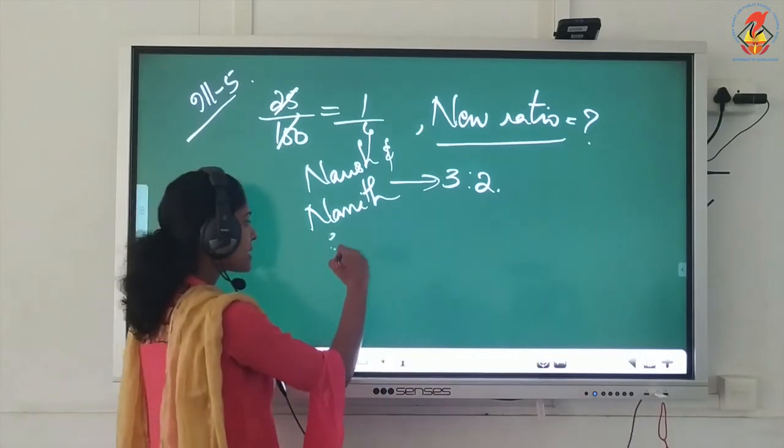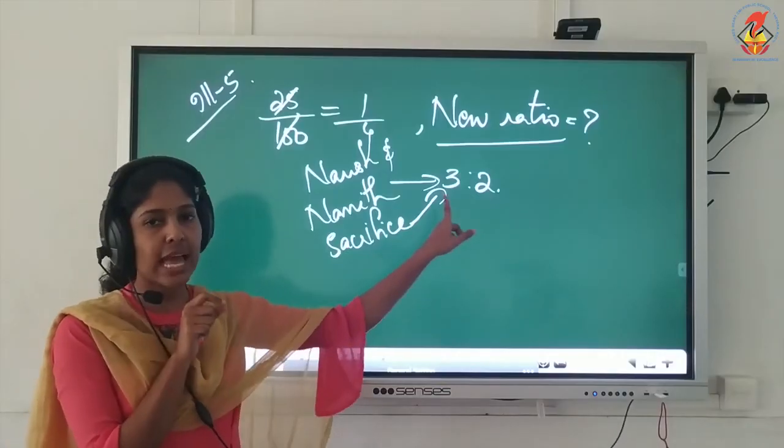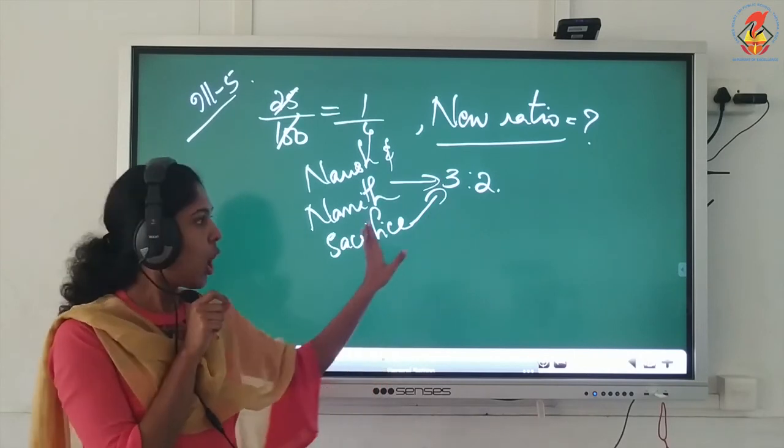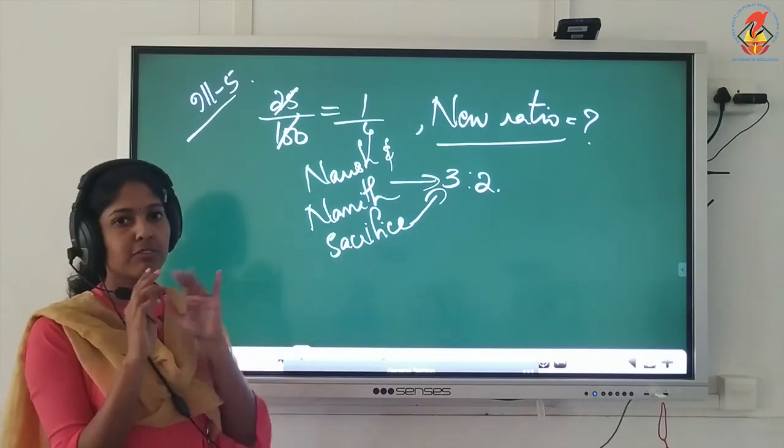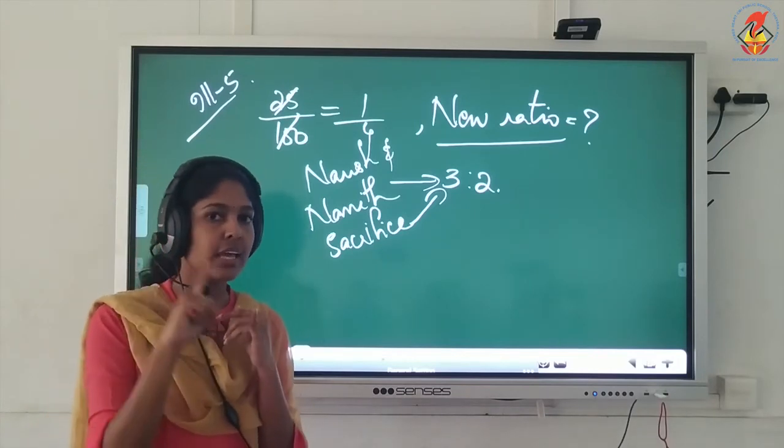So what they sacrifice is 3:2. You can write the sacrificing ratio as 3:2. So when you read a question, if you have this information, that is the sacrificing ratio, don't go and start with that assumption.